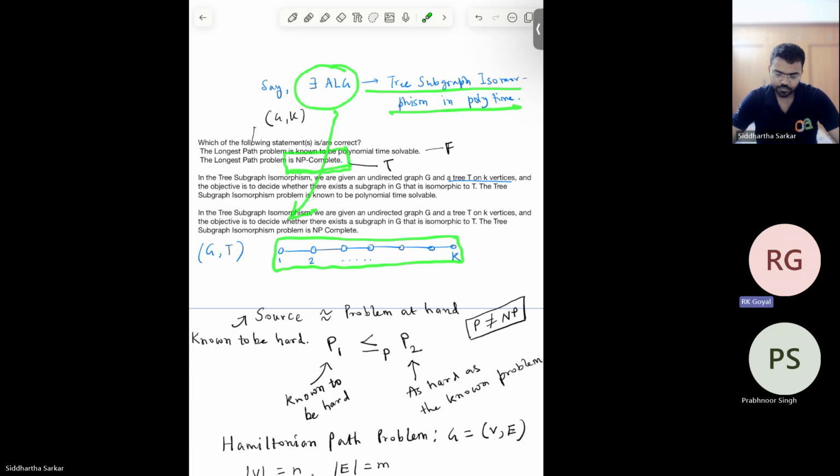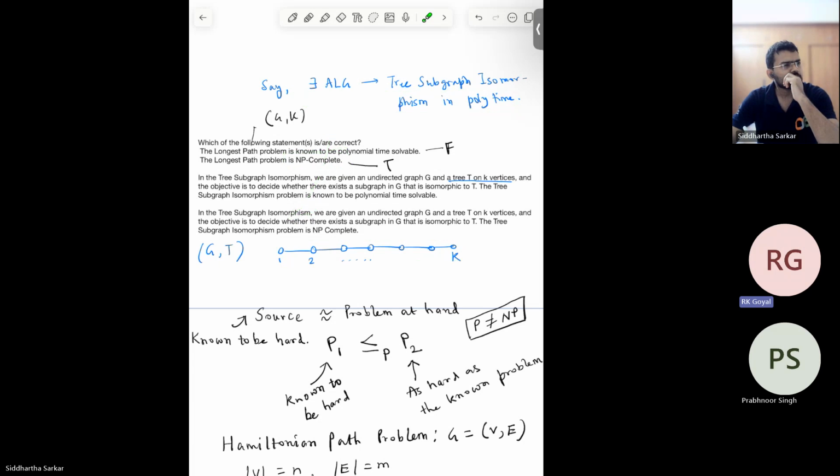My argument was that if I consider two specific instances, like in this instance, we have only two vertices of degree 1, vertex number 1 and vertex number k.